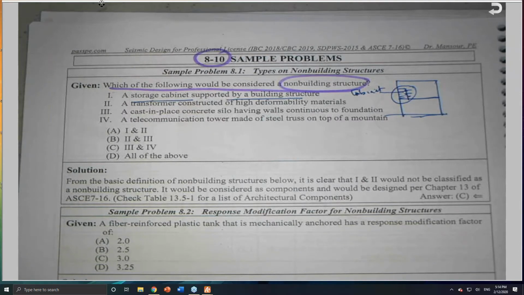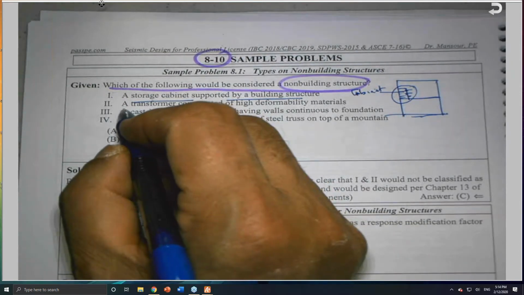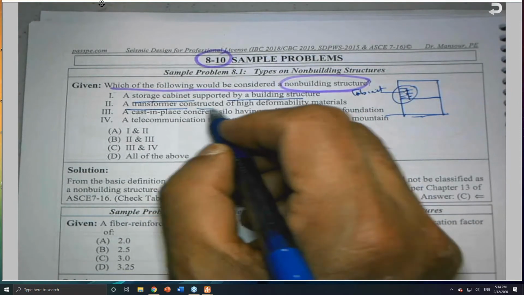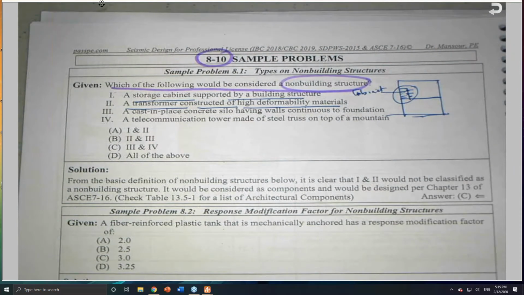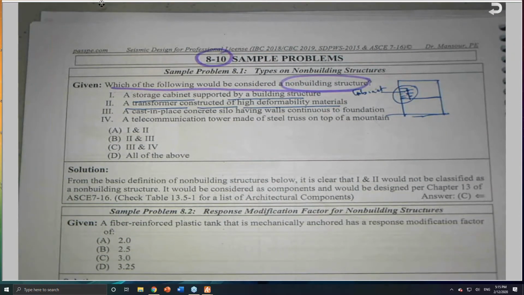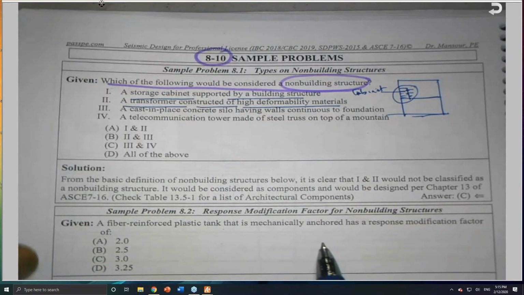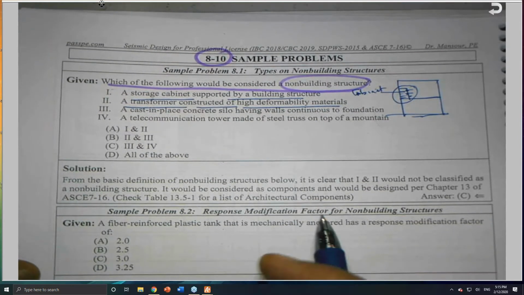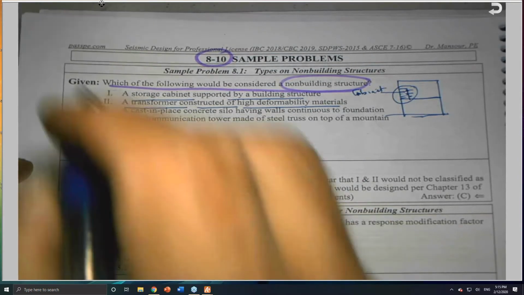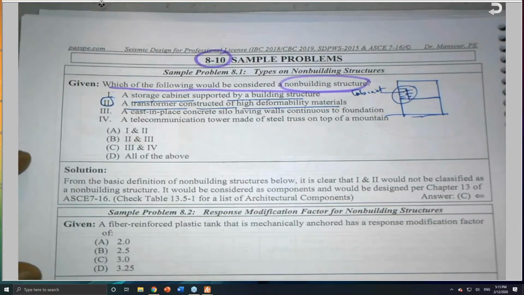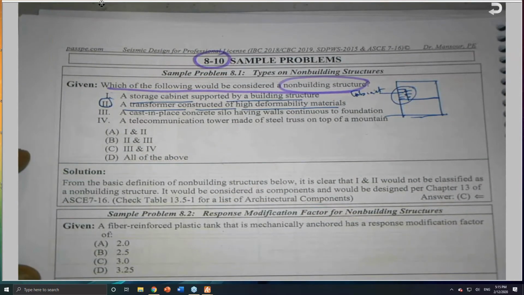Do you see that? Okay, the second one, a transformer constructed of high deformability materials. And you may say, wait a second, this is item number 2, I never heard about it. Okay, you can skip it.